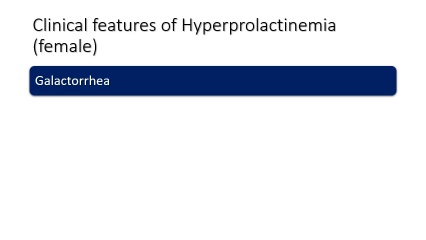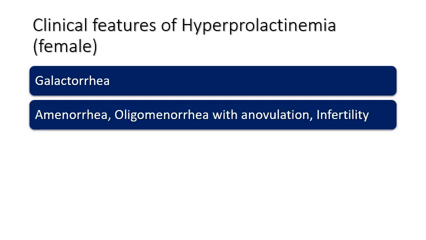Actually this galactorrhea can present in both female and male, but it is more likely to be seen in the female gender. Second, there will also be amenorrhea, or to a lesser degree oligomenorrhea with anovulation.